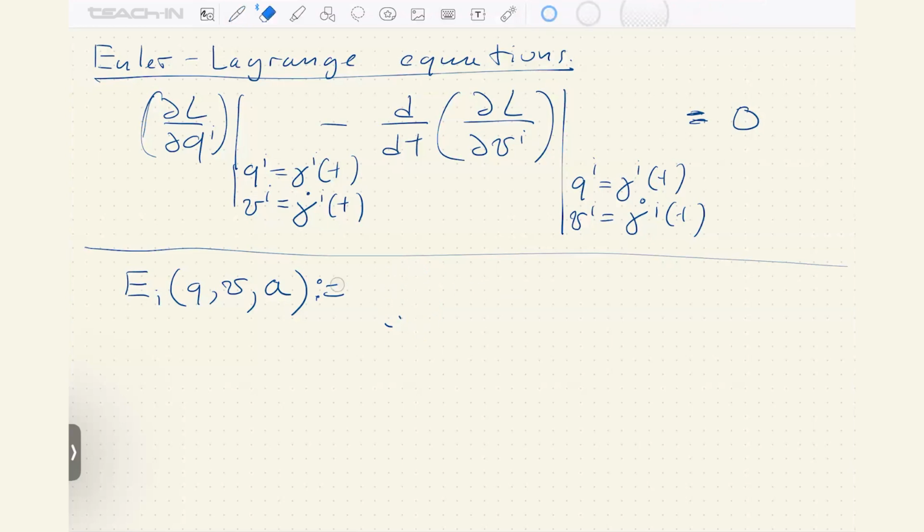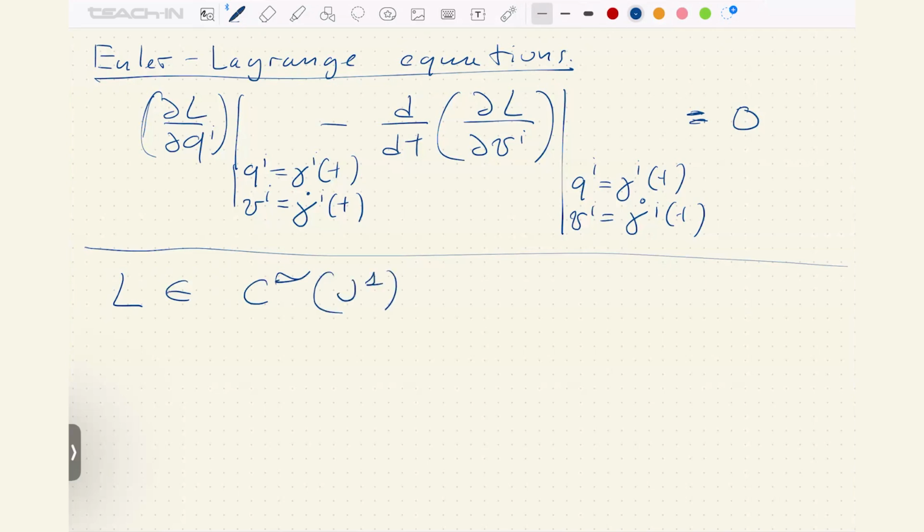Sorry, I will need to explain something more to write it in this form. So what is important is that all the dynamics of our system is determined just by one function, L, the Lagrange function, which is a function on our space J1, which let me recall to you is M times the timeline.